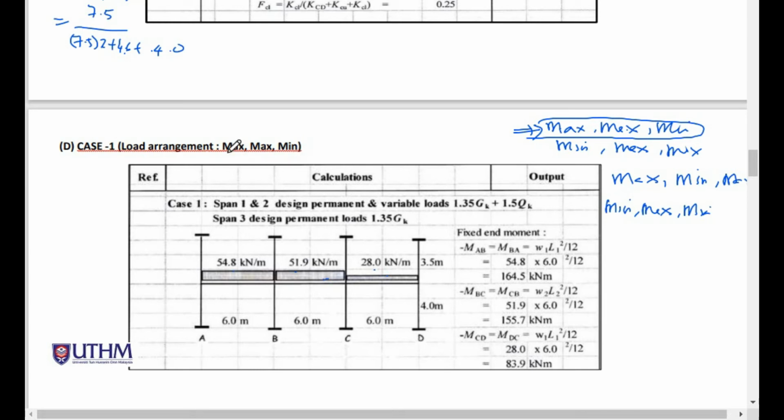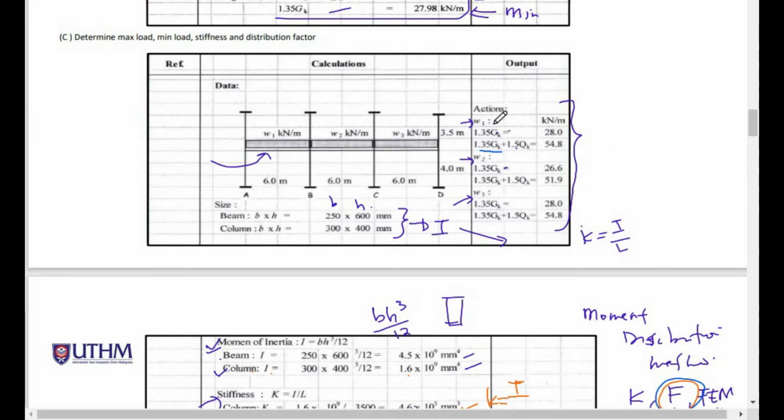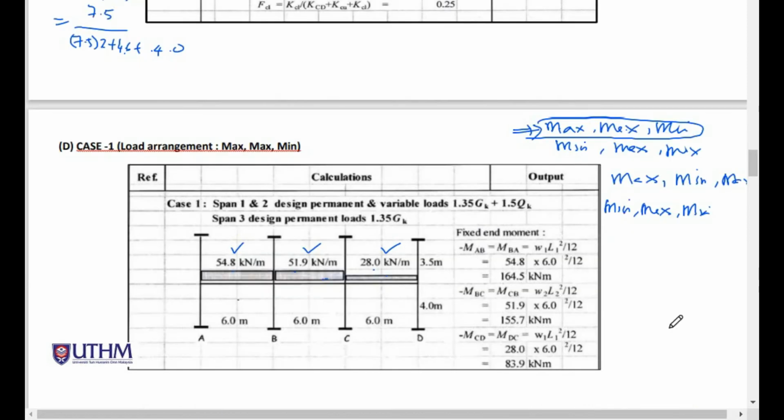So this is maximum, minimum. This is span number 1. For span number 1, W1 is 54.8, and W2 here, the maximum is 51.9, and span number 3, the minimum is 28. So this is all the maximum and minimum values.